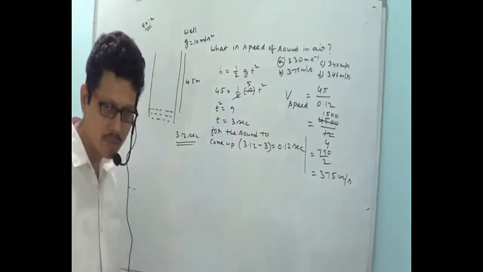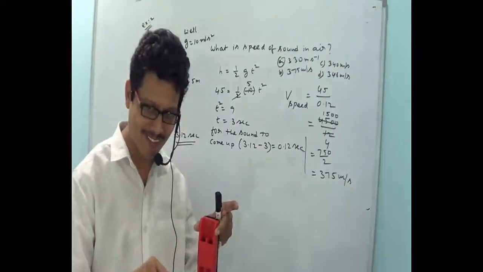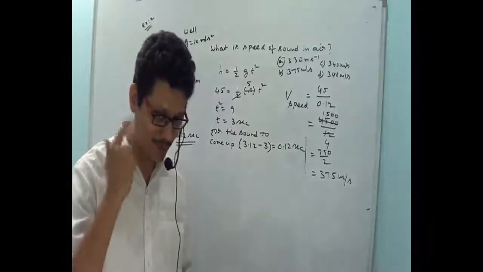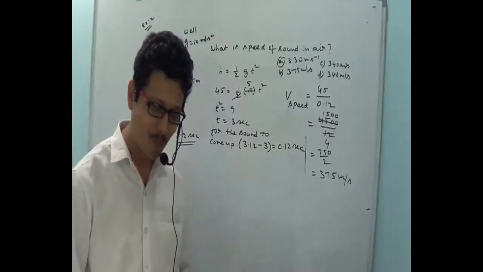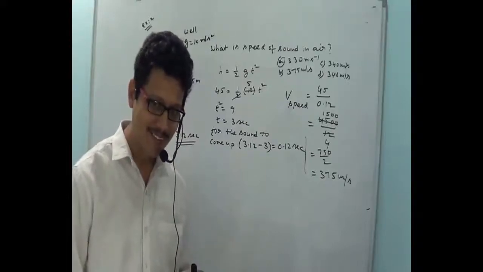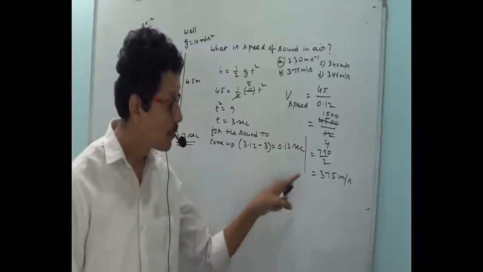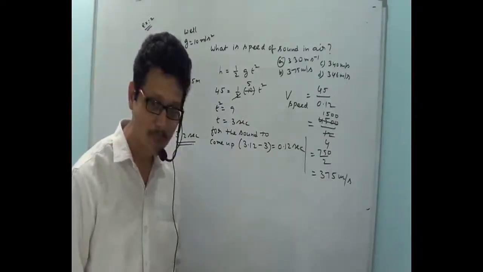You understood the question, no? I will drop my duster into a well and after some time I will hear the sound. Then my mind tells that the duster has touched the water. And we have to tell what is the speed of sound.